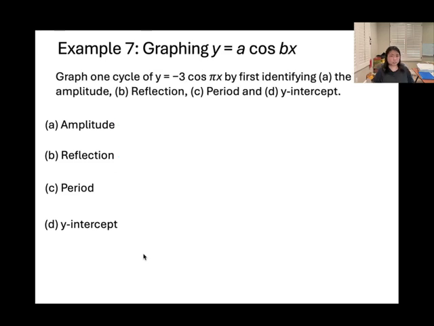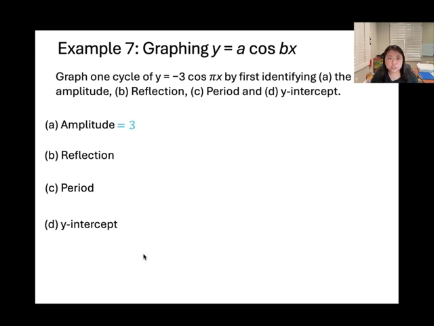Okay, example 7. Try it one more time. Okay, amplitude A equal to 3.